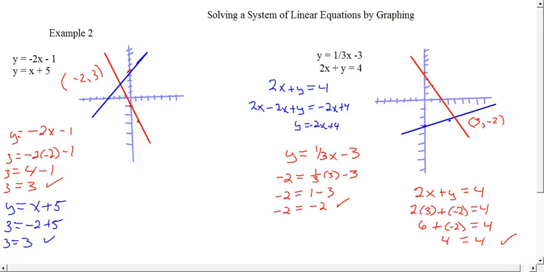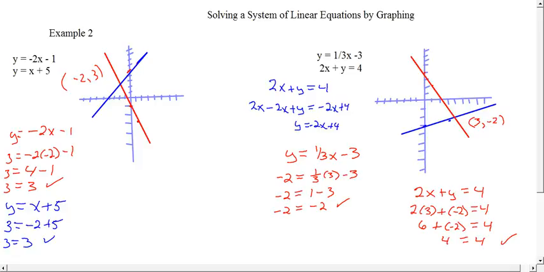Now, something you need to keep in the back of your mind as we go through these is that sometimes it is very difficult to determine exactly where the lines cross when you solve by graphing. So we will create a rule saying that we will check our answer by substitution into both equations. So let's just get right to it quickly.